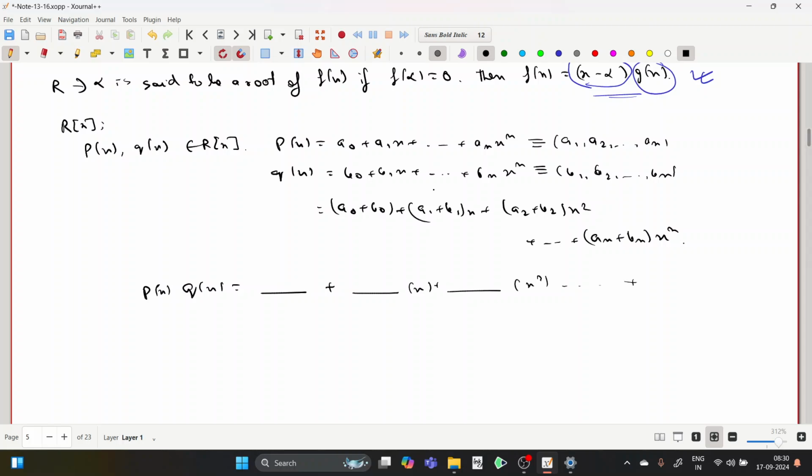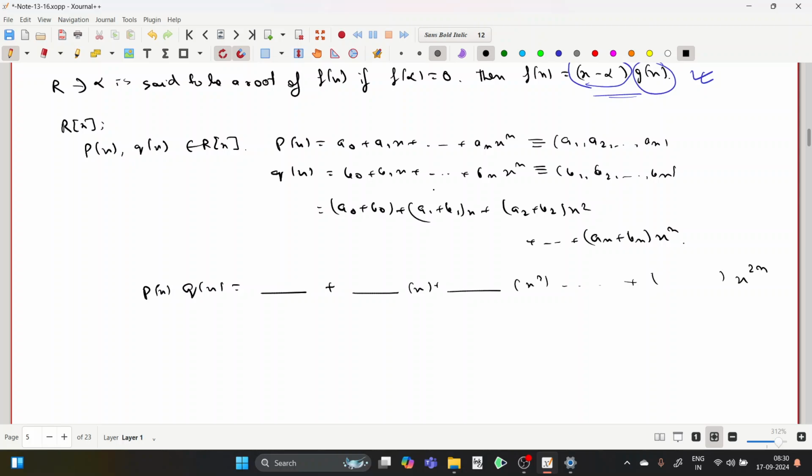And the maximum degree I can actually reach for p(x) times q(x) is x to the power 2n, right? Because x to the power n times x to the power n gives you the maximum possible degree. But the problem will arise if an times bn multiplies to become 0.